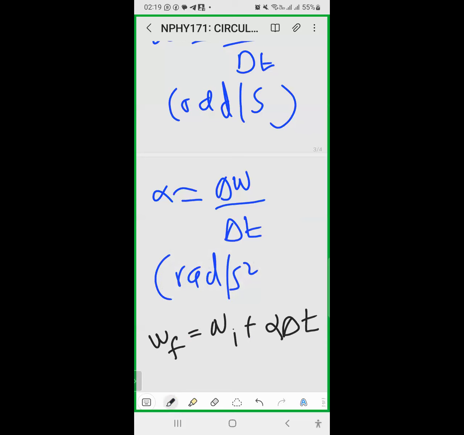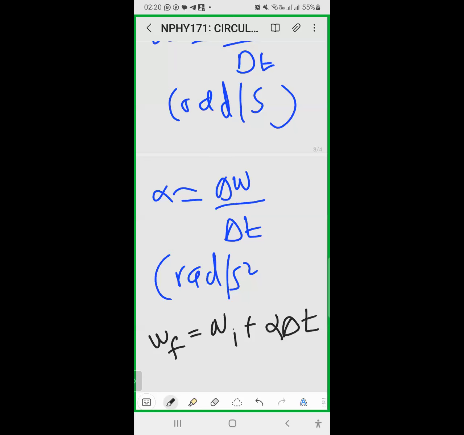In circular motion. Okay, so what we just did here is Newton's laws of motion, but now applied in circular motion. Now we look further into circular motion.